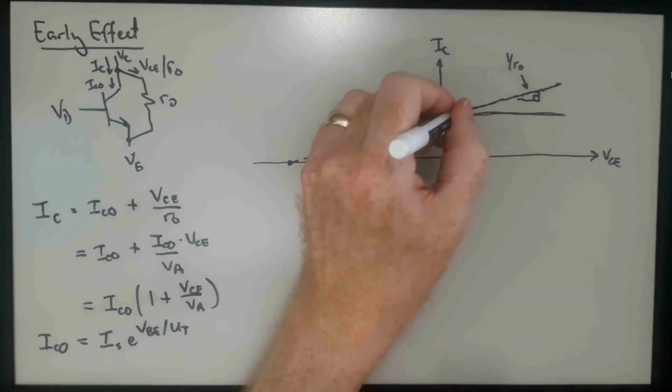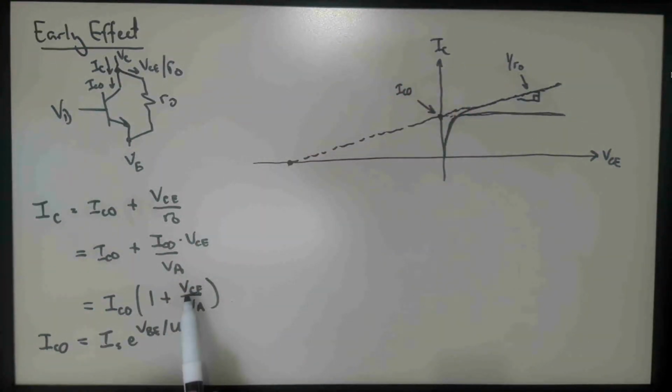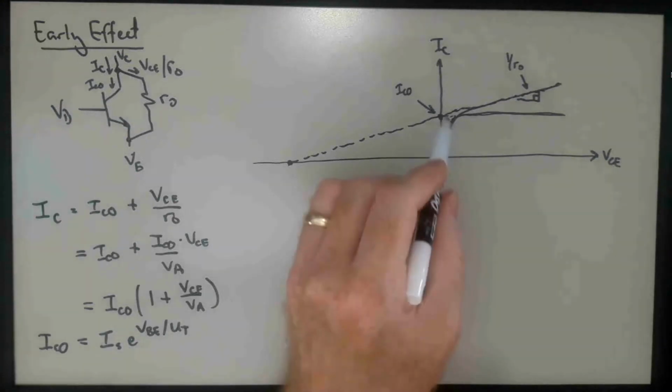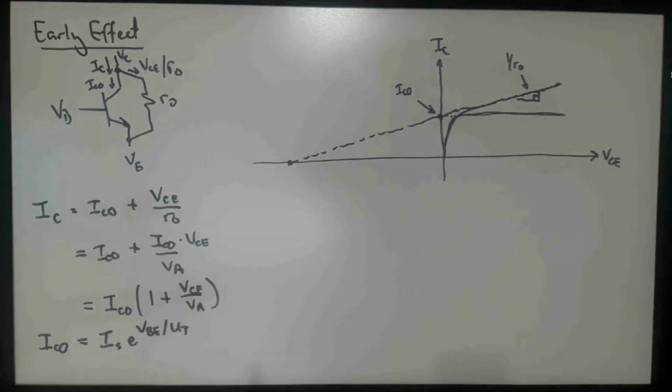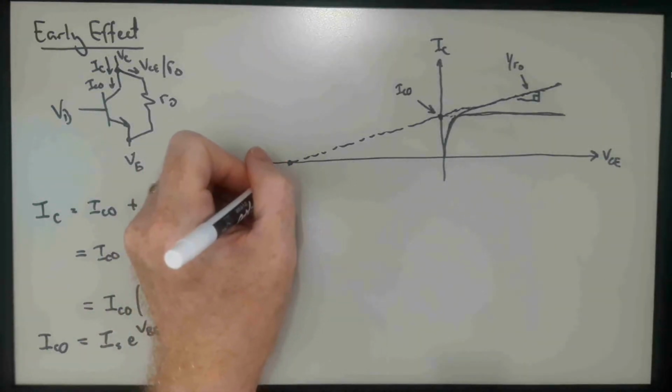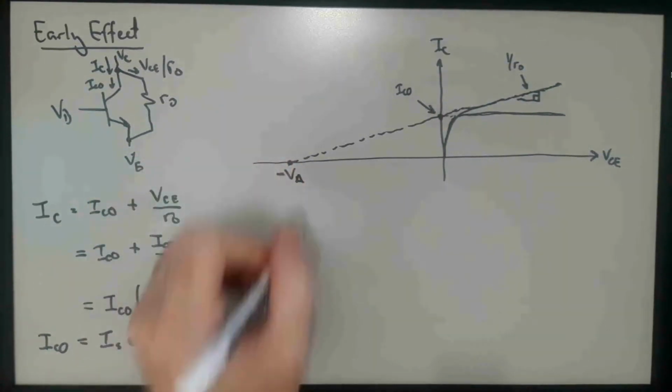And if we imagine this model here, where we plug in VCE equals 0, we are left with ICO. Okay, so the y-axis intercept here is ICO. If we ask, where does the current go to 0 on this model? Well, that would be for VCE equal to minus VA. So on this graph, the x-axis intercept is minus VA.